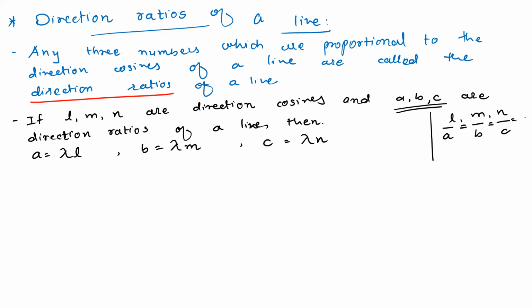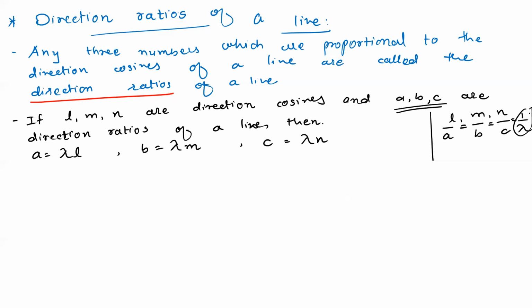Lambda is any constant; suppose I can put only k instead of 1 by lambda. We are just saying that they are in proportion. So a is equal to lambda l, b is equal to lambda m, and c is equal to lambda n. So a, b, c are called direction ratios. Understand properly.